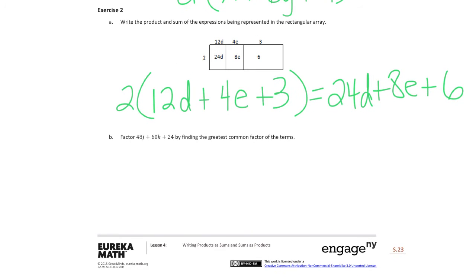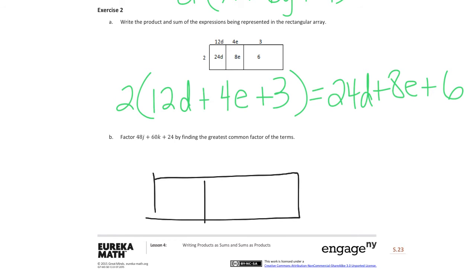Okay, on B here, it asks us to factor out here. So we've got 3 terms, 48j, 60k, and 24. Now it doesn't require the model, it's just a good visual for people. So when I look at those 3 numbers and trying to decide what will go into both of them, I know that 12 will go into all of them, but I do a mental check real quick to see if 24 does, but it doesn't.